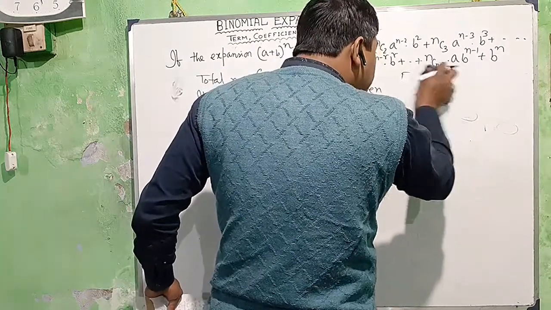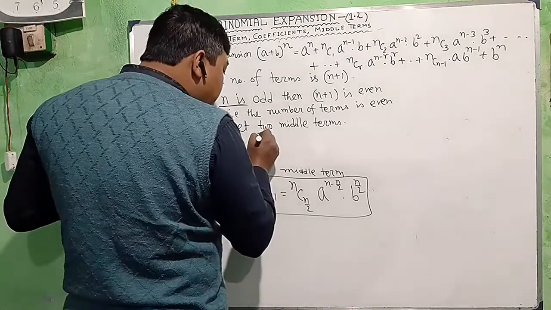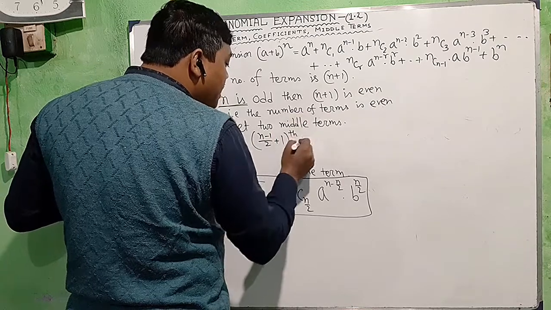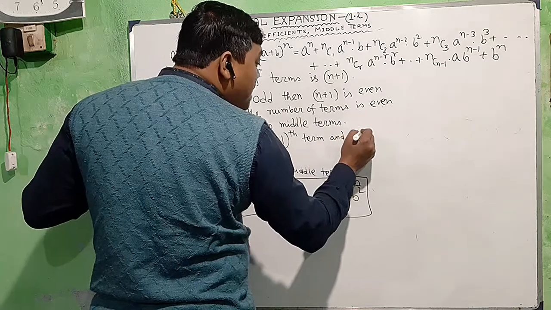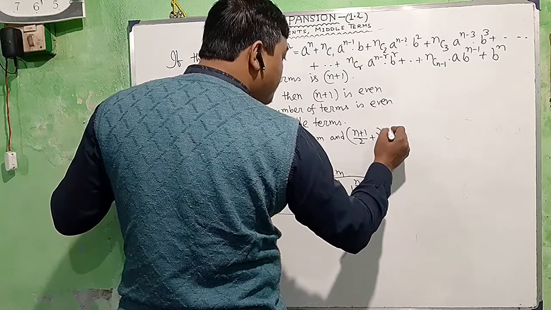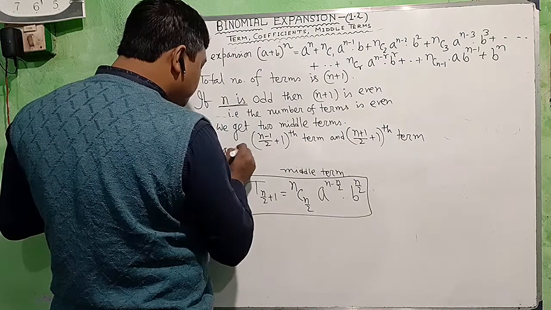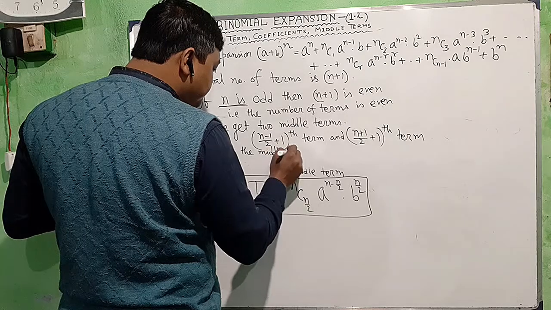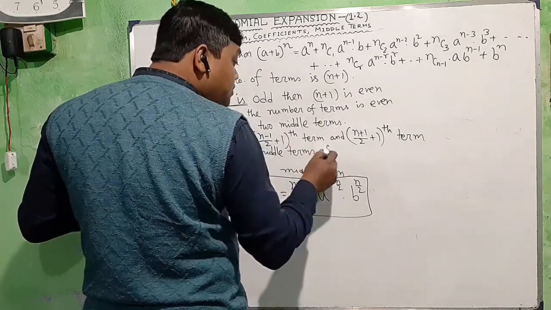When n is odd, the ((n minus 1)/2 + 1)th term is one middle term, and the ((n plus 1)/2 + 1)th term is the other. These are the middle terms of the expansion.